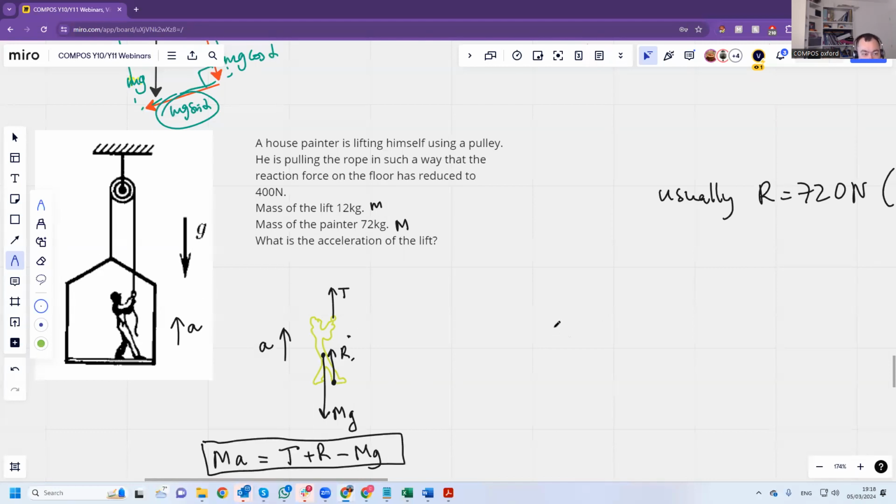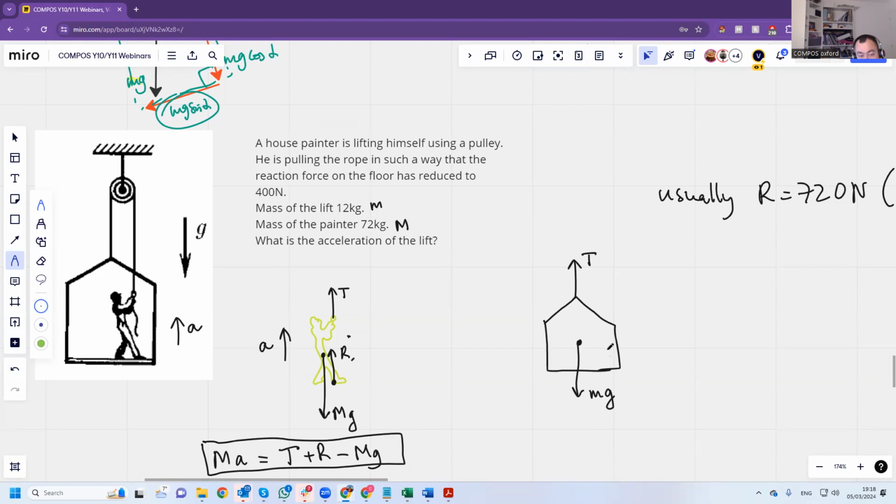Now the lift. The lift has weight, so there's a downwards force, mg, with m the mass of the lift. There is a rope pulling the lift up, so tension force in the rope.